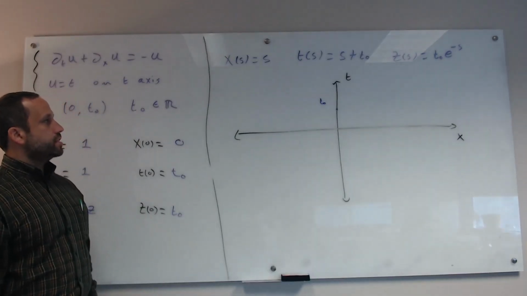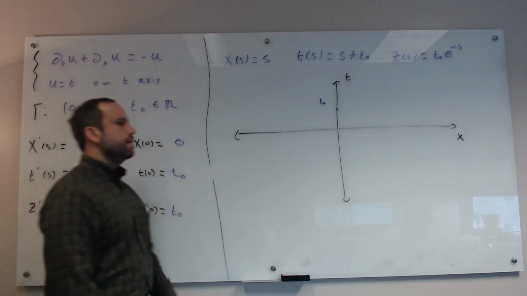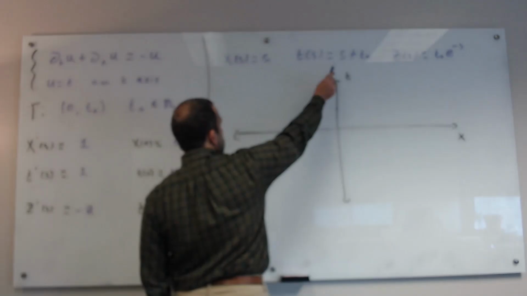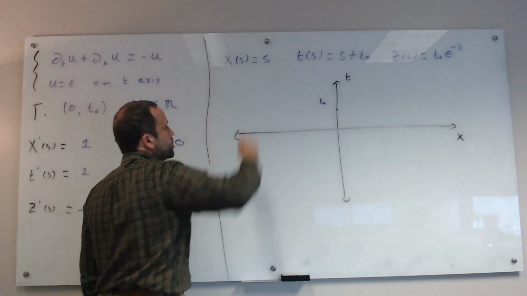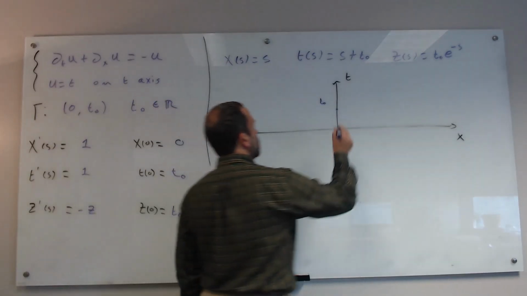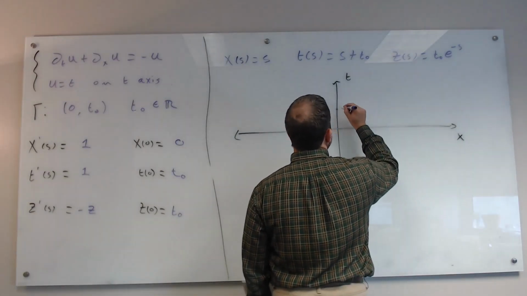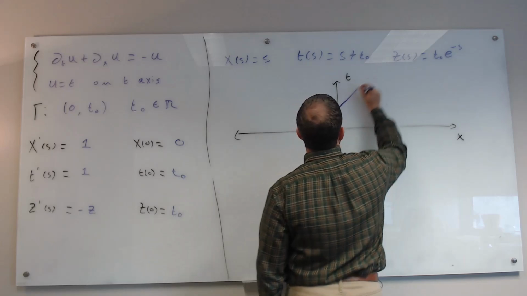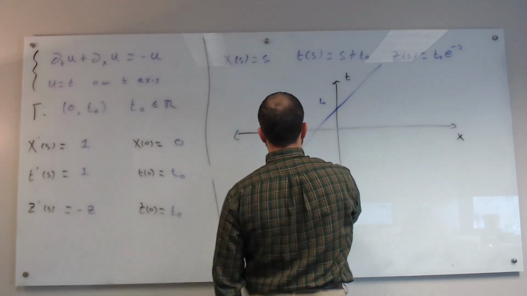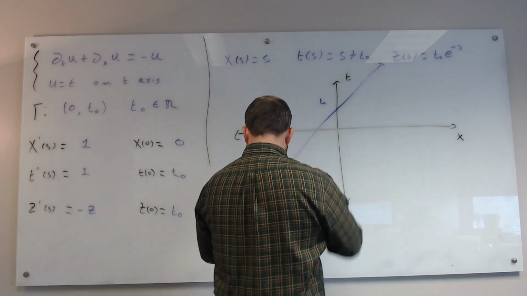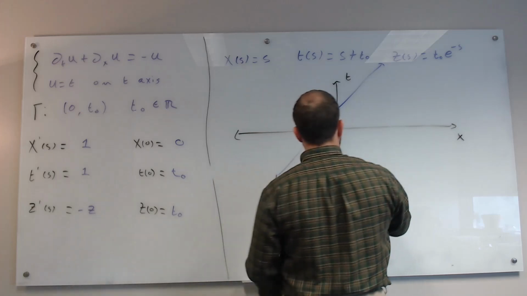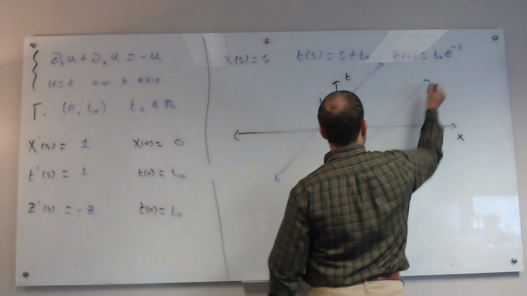The characteristic is going to be a line of slope 1. The slope is just the ratio of the coefficients. A line of slope 1, not a slope of line 1. I'm losing my mind here. Okay, so we have something like this. And then we might have another characteristic right here, going like that.